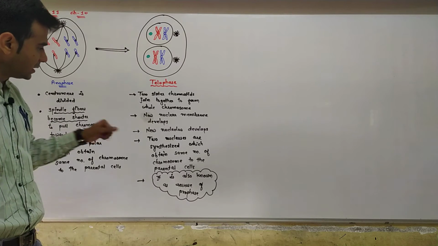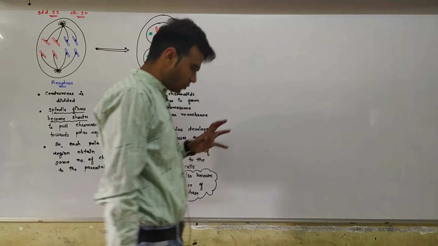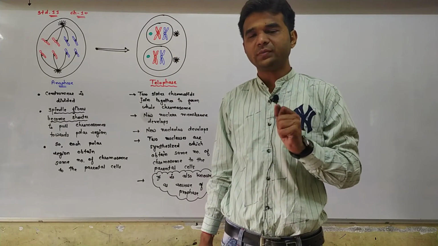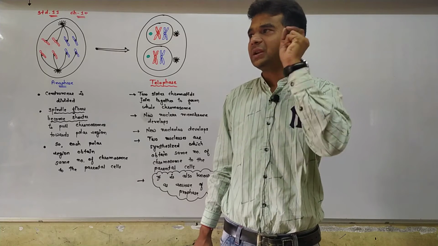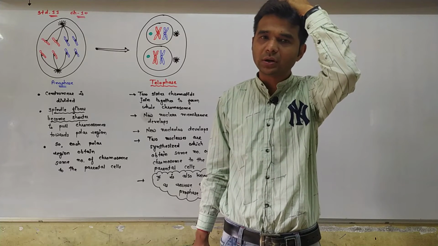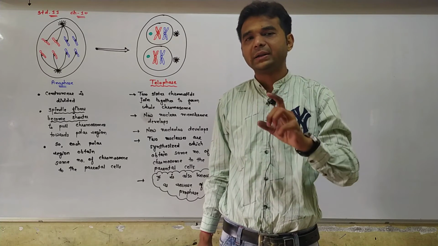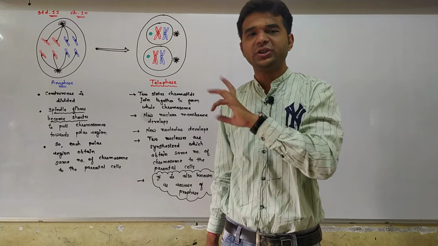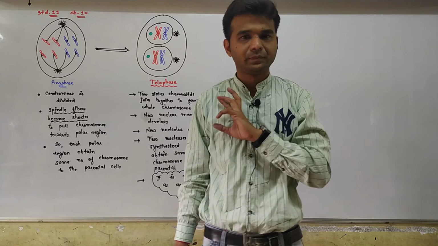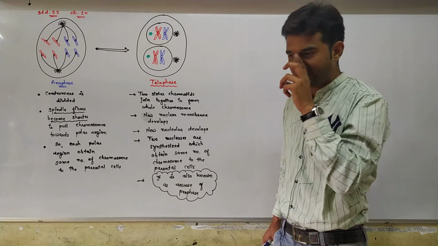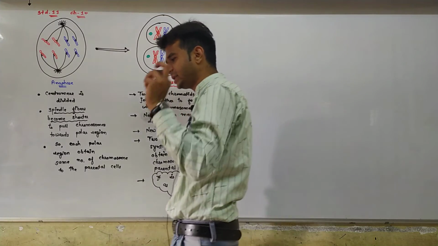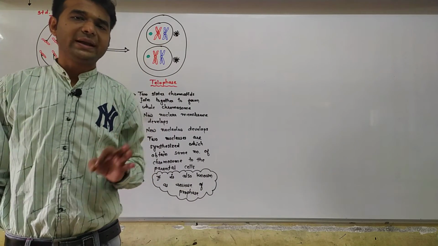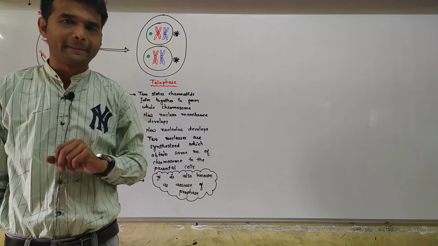Actually here you know that on the chromosome we have a specialized region known as NOR, N-O-R, nucleolus organization region. On the chromosome we have a specific site that is known as NOR, nucleolus organization region.